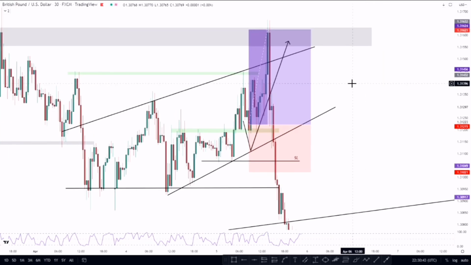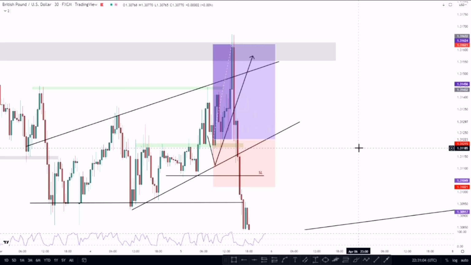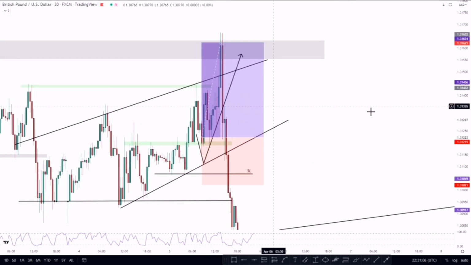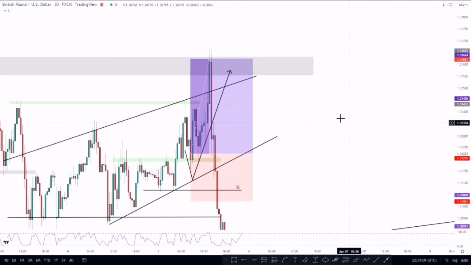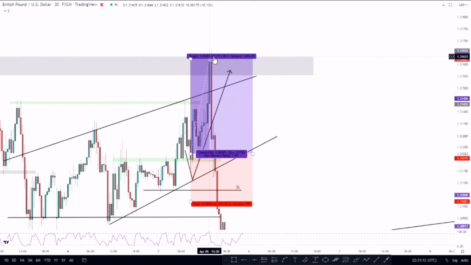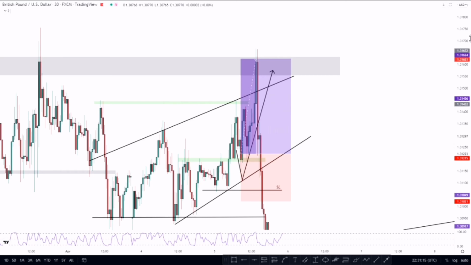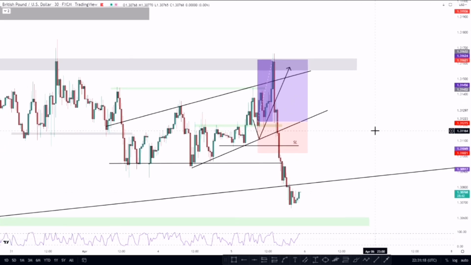And as you can see, if you look at things from a broader perspective, we have like a triangle type thing that's pushing to the top. So if you look at this and only that, yeah, we got out at the right time. I would say I almost could have gotten out at a better time over here, but these setups aren't going anywhere. They just tend to repeat themselves on different pairs, so we will catch it again.